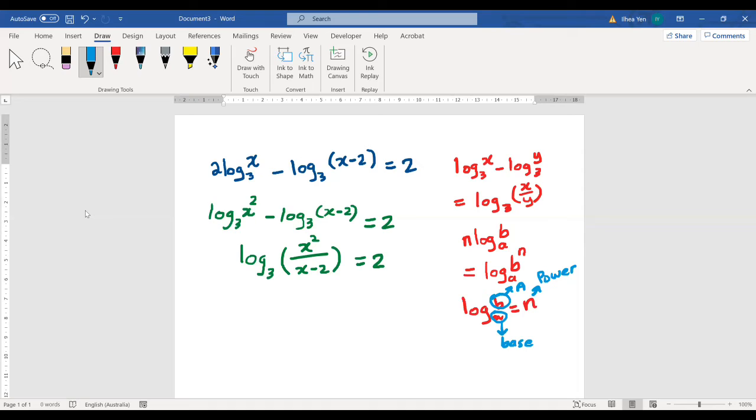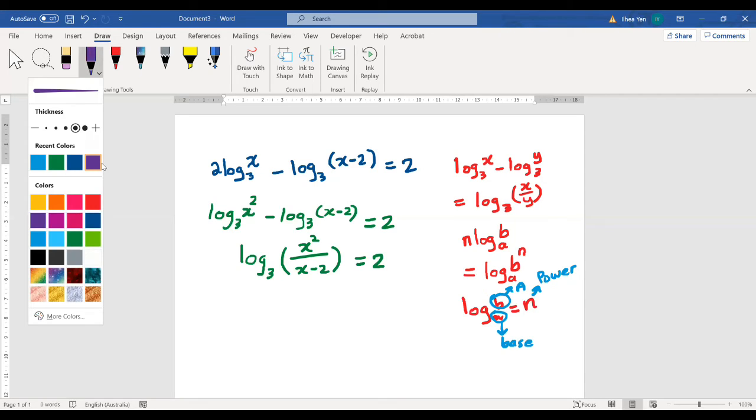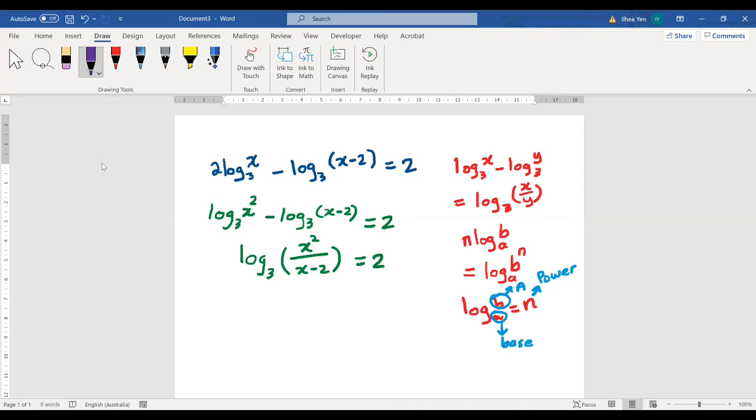So I'm going to go my base first, which is 3, and my power equals my answer, or my solution position. There you go. It's not too bad.